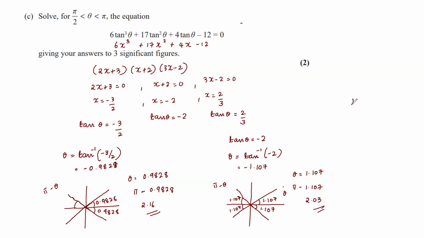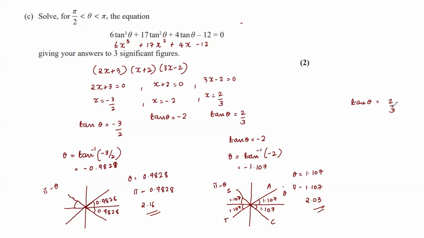Now the third one, tan theta is equal to 2 by 3. Now we are considering only the second quadrant here, that is pi by 2 to pi. In the second quadrant, if you remember the CAST diagram, C, A, S, T, tan can never be positive. Only sine is positive in the second quadrant.